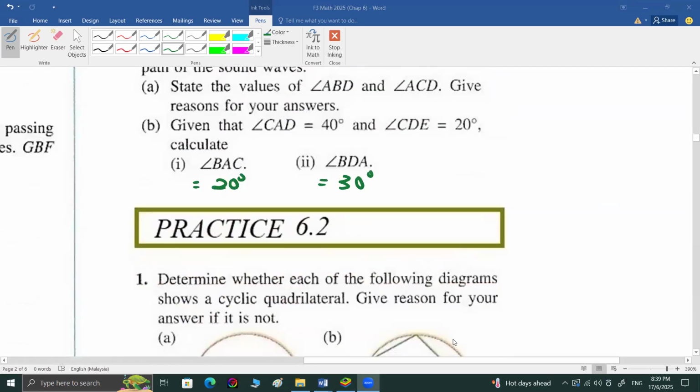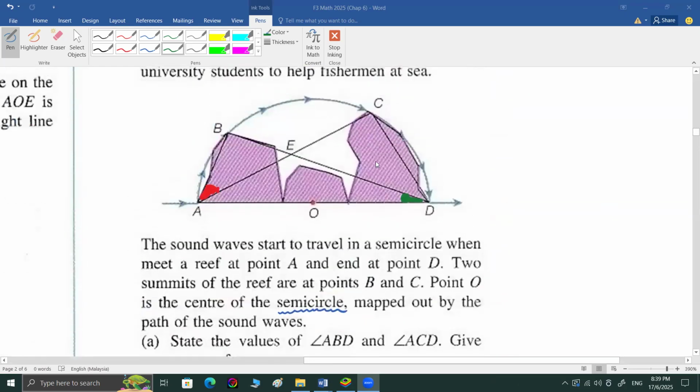Let me show you. You are given CAD, 40, CDE, okay, wait, you are given CAD. CAD here 40, okay? Some more? CDE here 20, right?